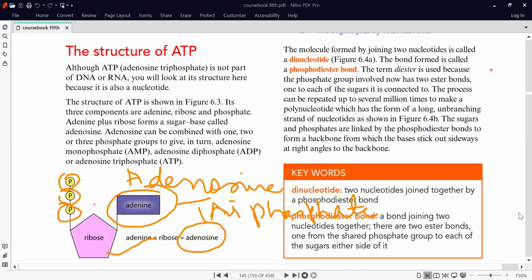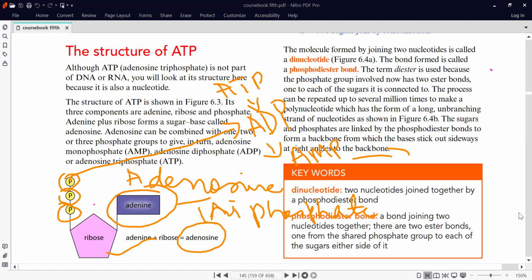When it loses one phosphate and provides energy to any reaction, we call it ADP. So ATP, adenosine triphosphate, is converted to ADP, diphosphate. Then one more phosphate is lost, we call it AMP, adenosine monophosphate. Mono means single phosphate.